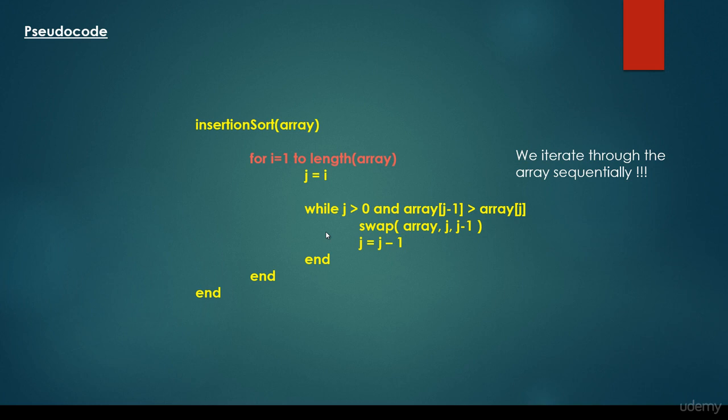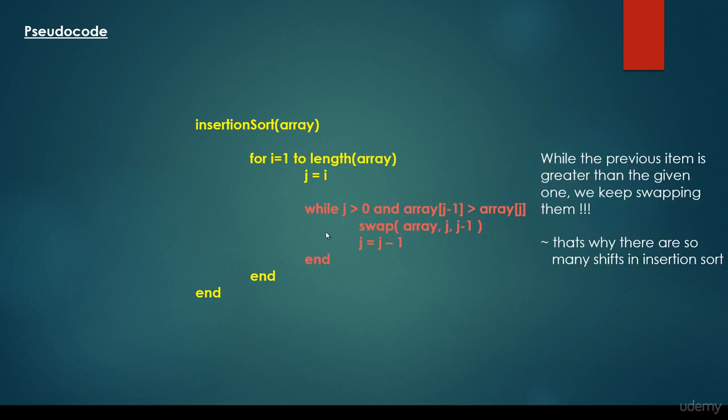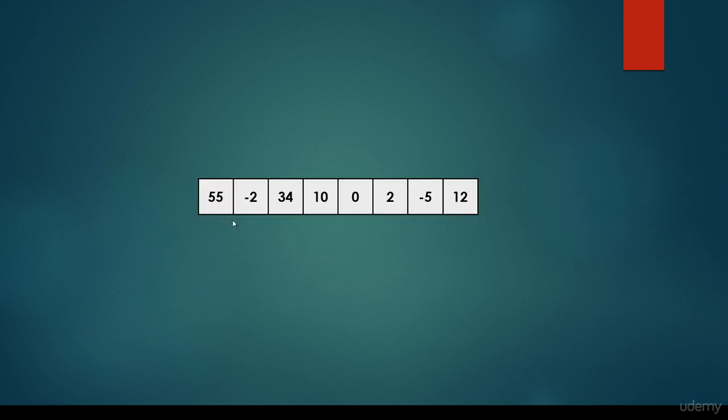Okay, so we iterate through the array sequentially. Then while the previous item is greater than the given one, we keep swapping them. That's why there are so many shifts in insertion sort. So let's see a concrete example. We have a one-dimensional array of integers: 55, -2, 34, 10, 0, 2, -5 and 12.